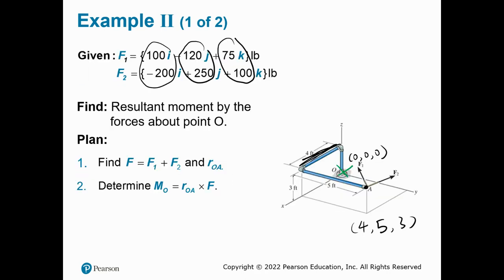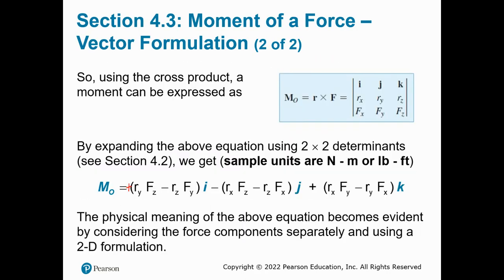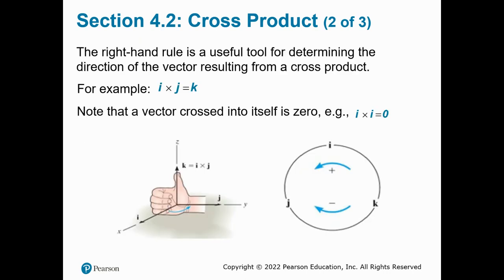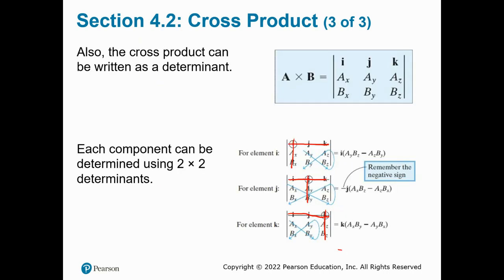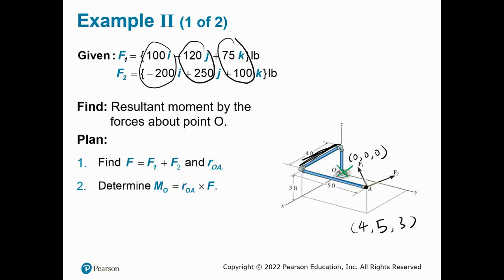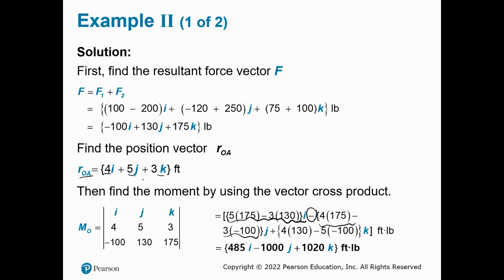And then really you're going to follow the equation or the formula, this one right here or this one right here. It's the same thing, but this slide tells you what's going on, where that comes from. But if you want to just use the formula, you're going to do what I just talked about.